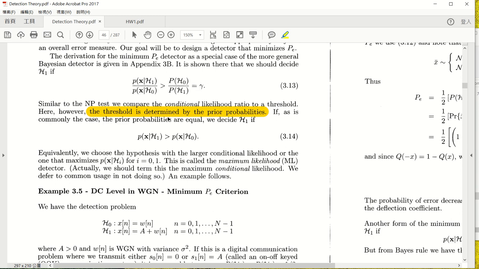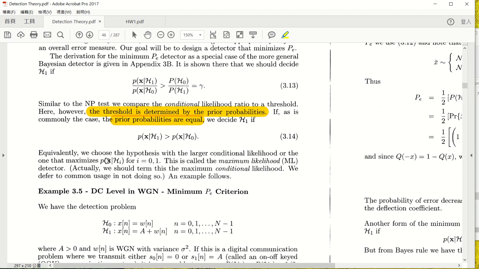If, in the common case, the prior probabilities are equal, then we will decide H1 if something like this, because when they are equal, this is equal to 1, so it will be this larger than that. Then, equivalently, we say that we will choose the hypothesis with the larger conditional likelihood, or the one that maximizes p(x|Hi). This is called the maximum likelihood detector because this is likelihood.